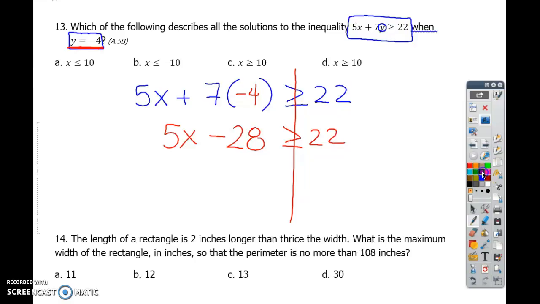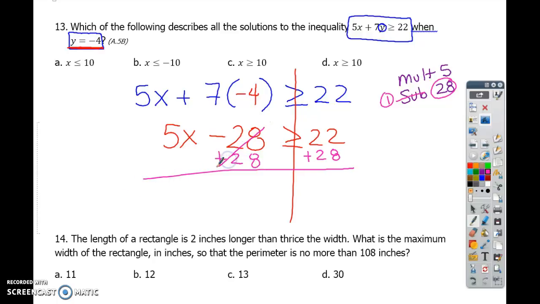What is happening to the x? It's multiplied by 5 and 28 is subtracted. So what's the first thing that you're going to do? You're going to add, because you're trying to get rid of the subtraction. You're going to add 28 to both sides.